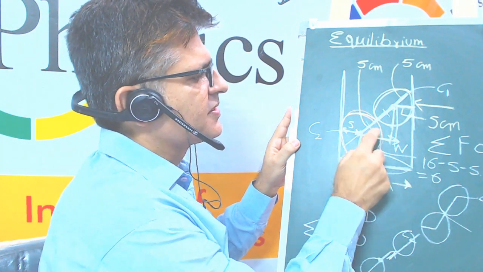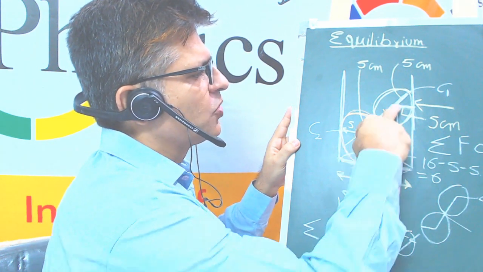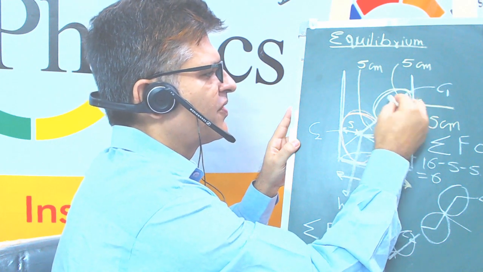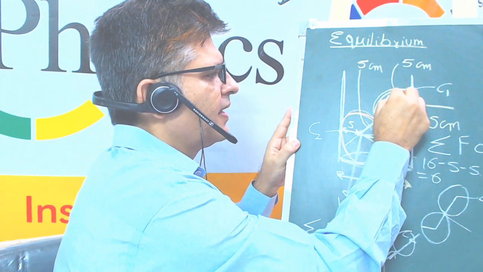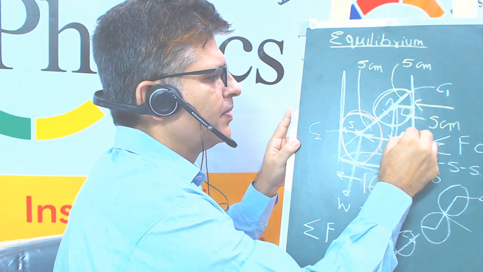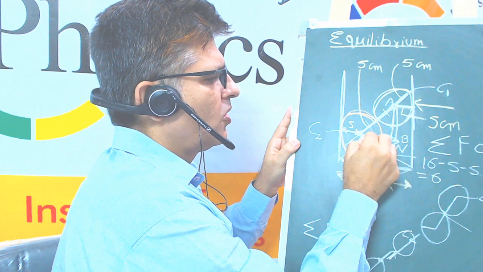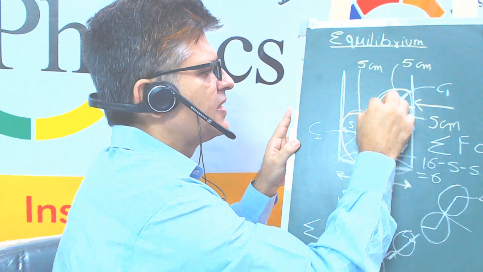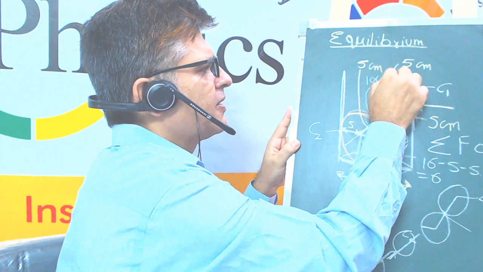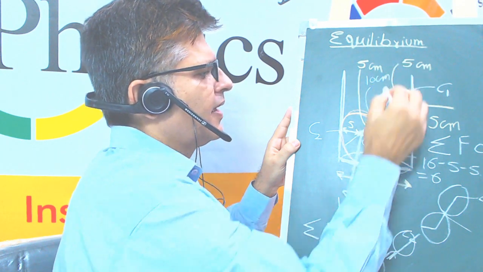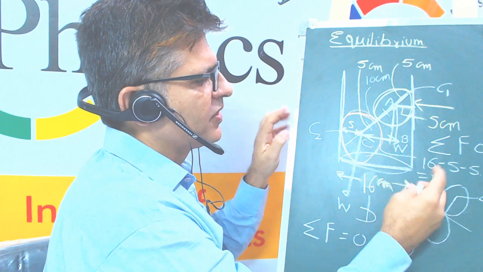This is known to be 6 centimeters. This is the hypotenuse. If I label this triangle, I call it A, and I call it B, and I call this C. AC is now 10 centimeters, okay?